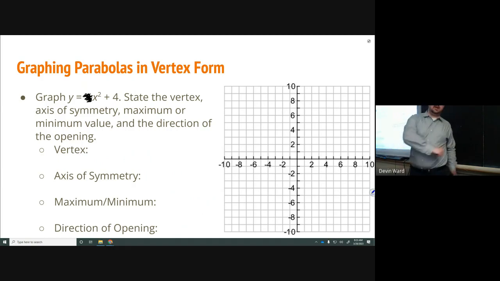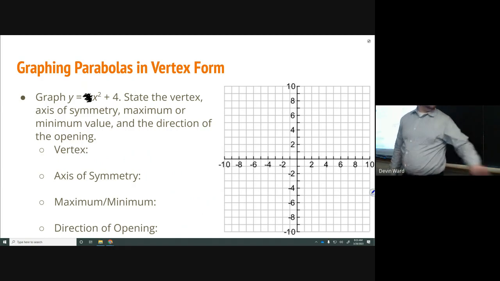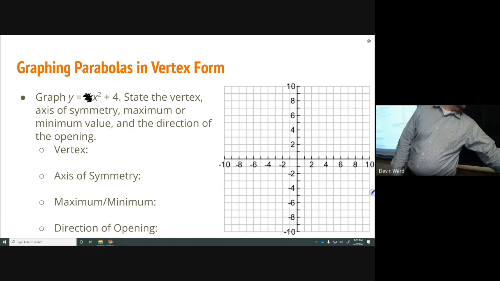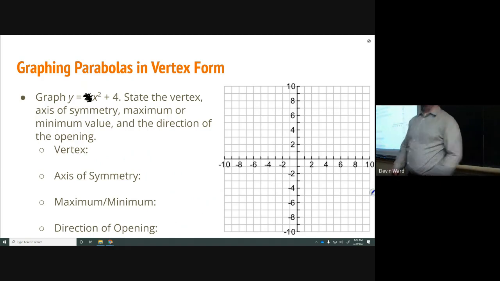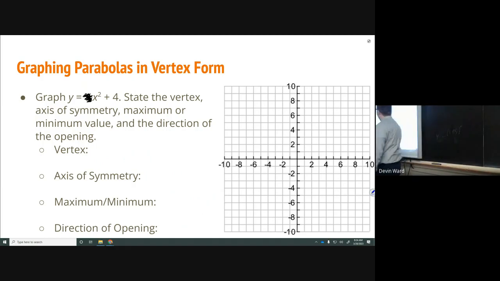I'm not going to give you any that are like half on your test or anything like that. So all we want to do is y equals x squared plus 4.